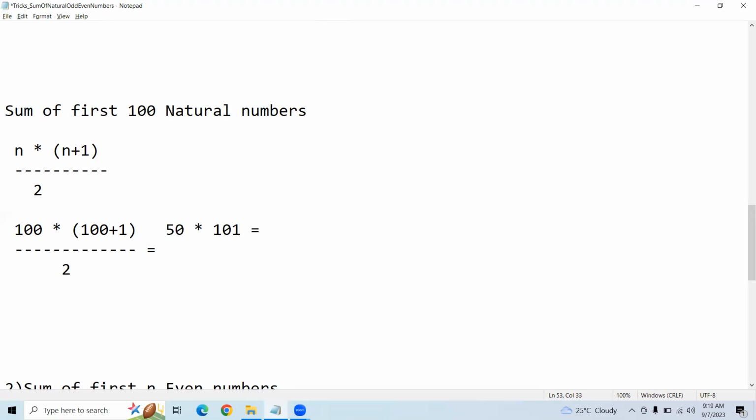So you can put 0 here. 5 1s are 5. 5 5 0. You can put 0 here. Then you got 5 1s are 5. 5 0 0. And 5 1s are 5. So you got the answer as 5050.